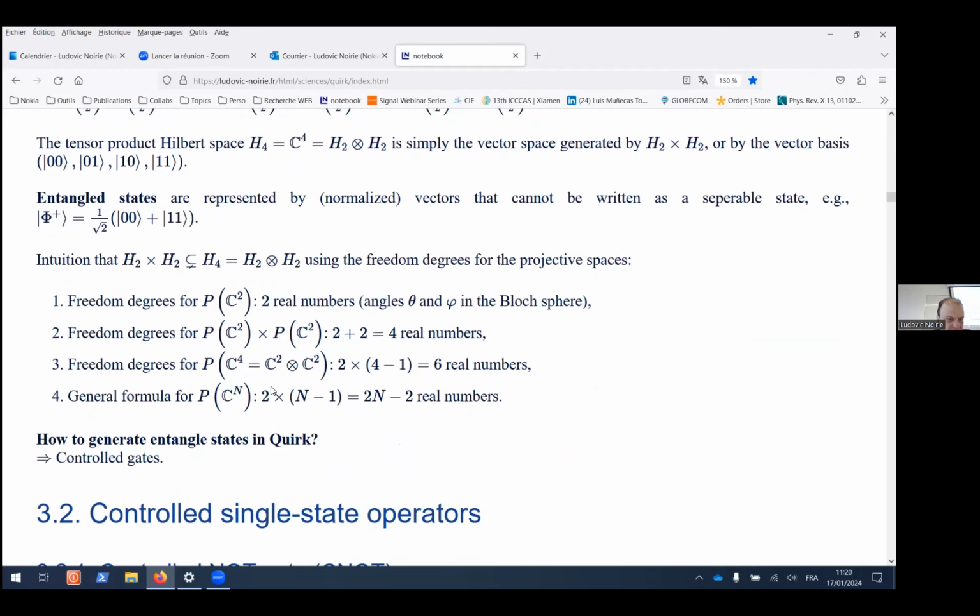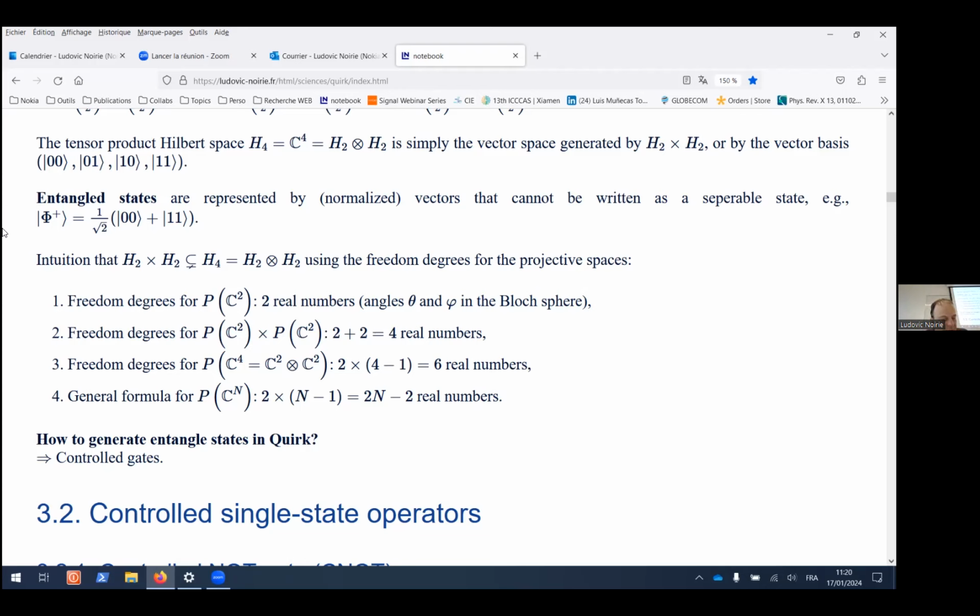And an intuition for this is to look at the degrees of freedom. We have two real numbers for the degrees of freedom, which are the angles of the Bloch sphere for the state in dimension 2. For the Cartesian product, this is just the addition: two real parameters for the first qubit, two real parameters for the other one, 4 real numbers. While for C4, the vector space, you have 4 complex coordinates.